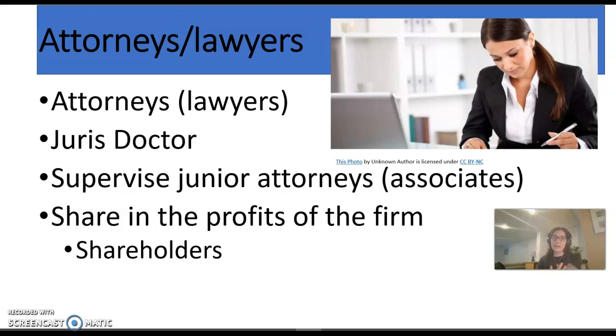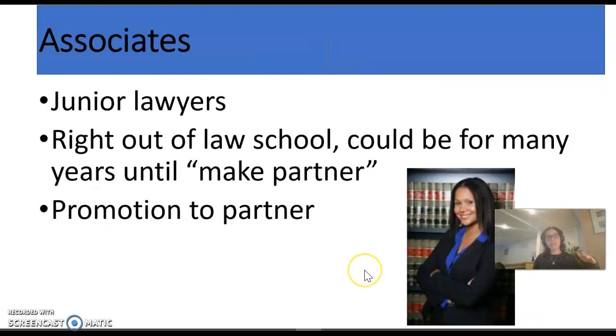So they share in the profits. The partners also do a supervisory role. They supervise the junior attorneys, who we call associates, and the paralegals. Again, if it's one single attorney in a solo practitioner law firm, then you're just yourself, you're the partner. But if there's multiple attorneys, some might be partners, some might be associates.